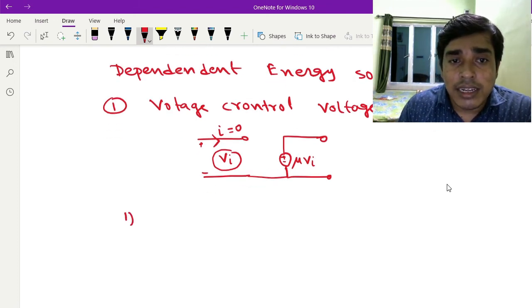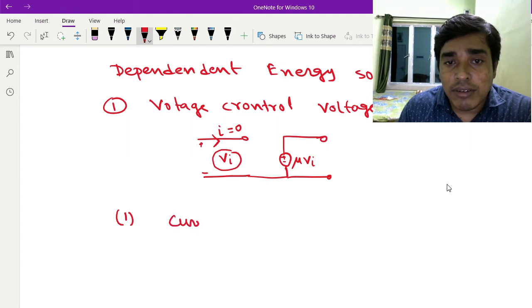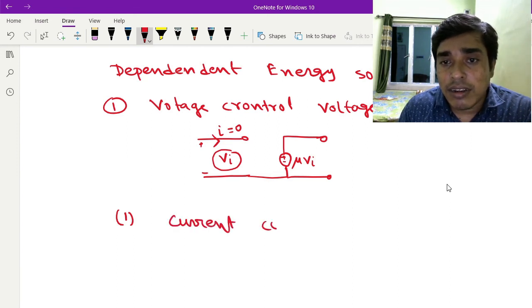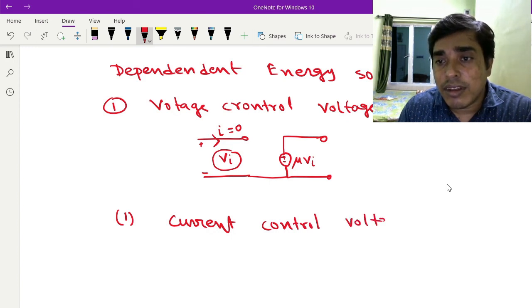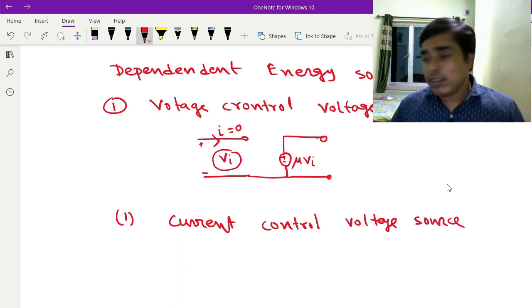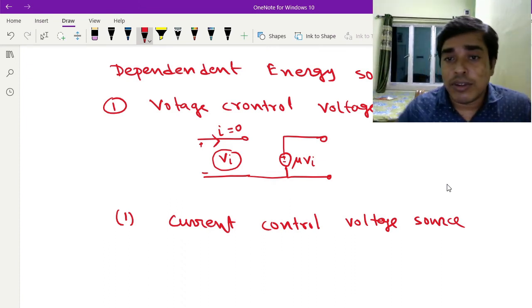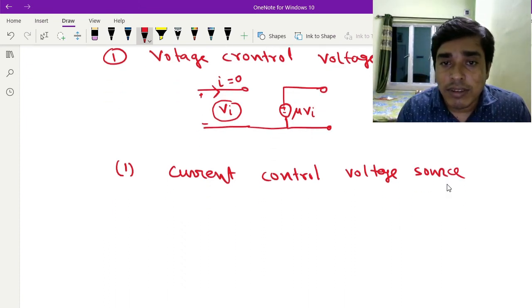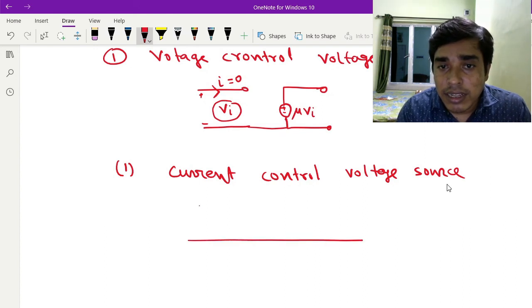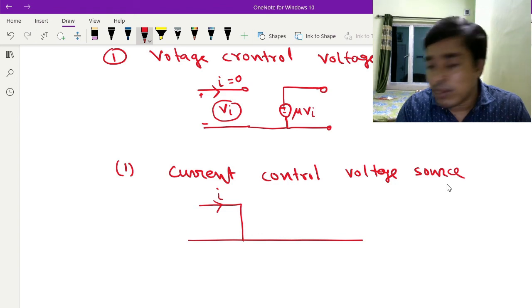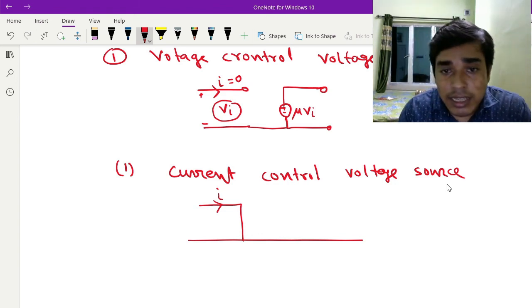There is another type, the current controlled voltage source. There must be a current here, and the voltage Vi must be 0.